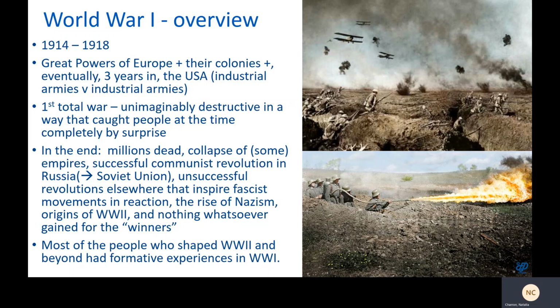So it was between the great powers of Europe and their colonies, and eventually 3 years in, the United States. The thing about this war is it was about industrial armies with mass-produced weapons against other industrial armies with mass-produced weapons. So it was unprecedented, and the carnage was horrific.